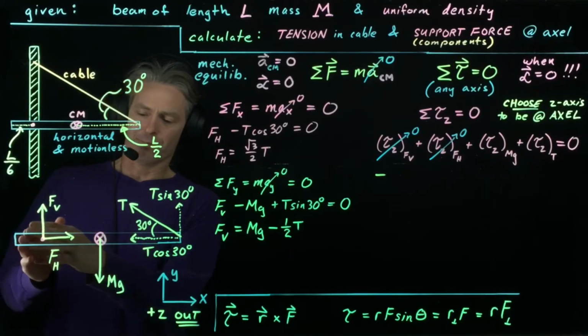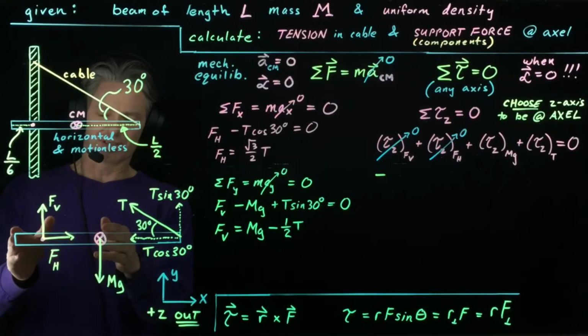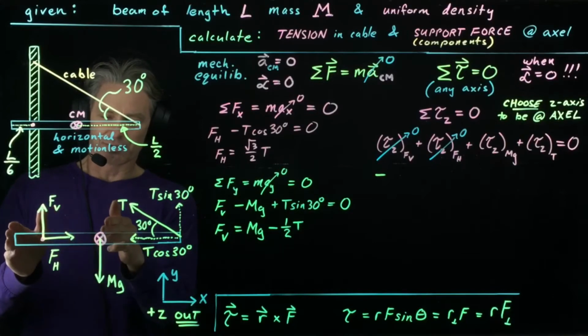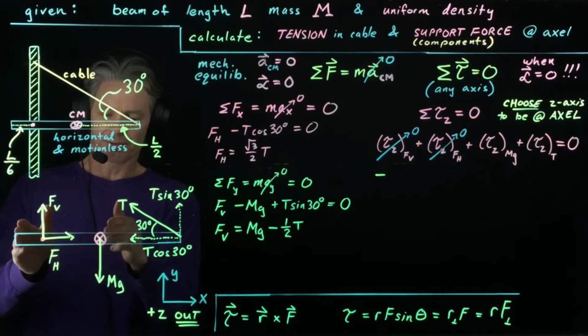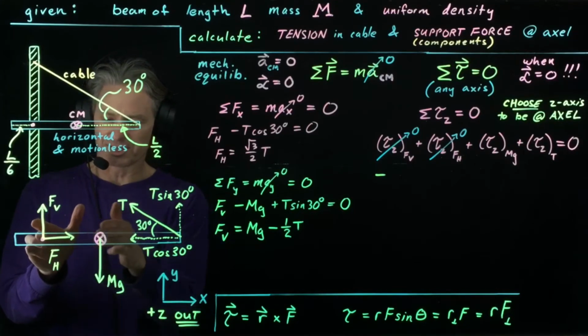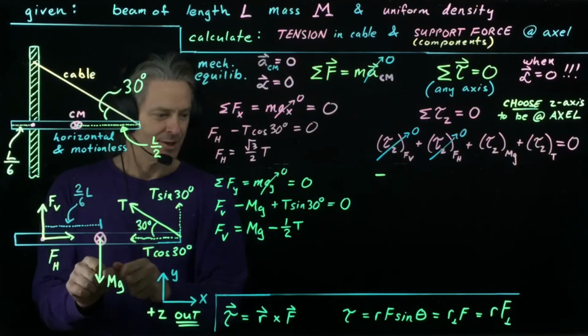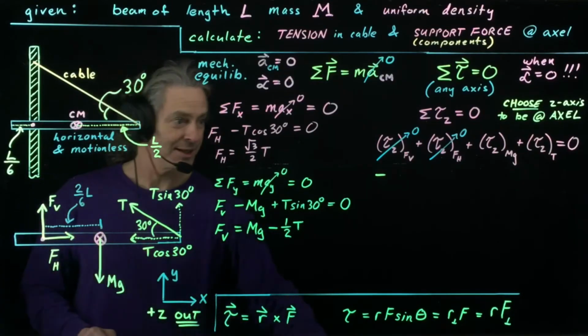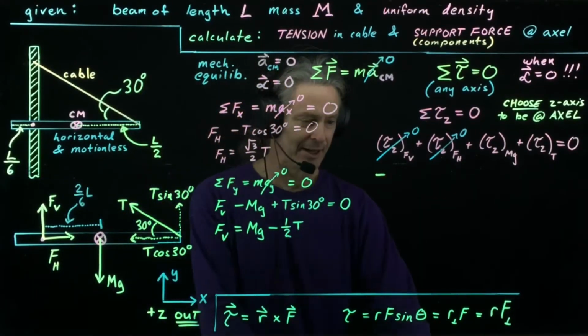So we could imagine this, we call it 3/6 L from this end. If this is L, this will be 3/6 L. 3/6 L minus 1/6 L will give me 2/6 L for this distance right here. So that's my r, 2/6 L. Let's put that right here.